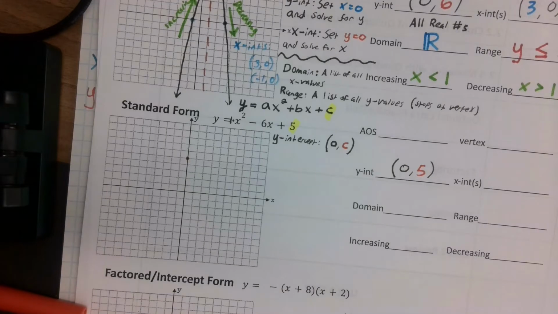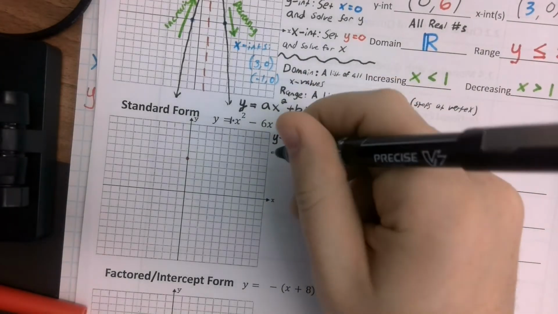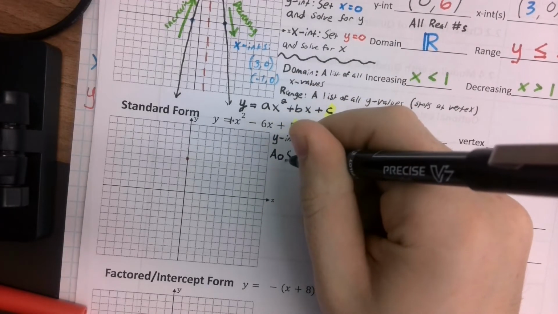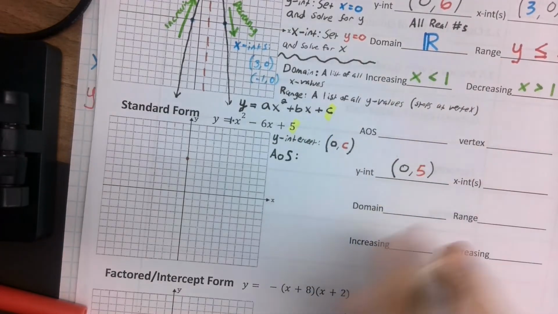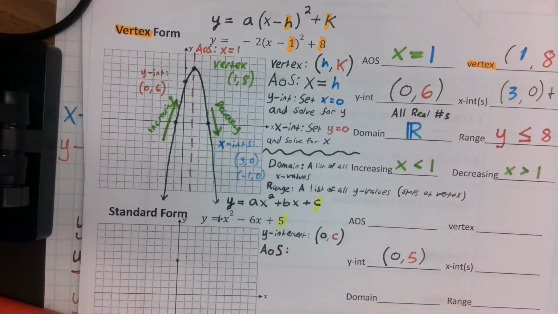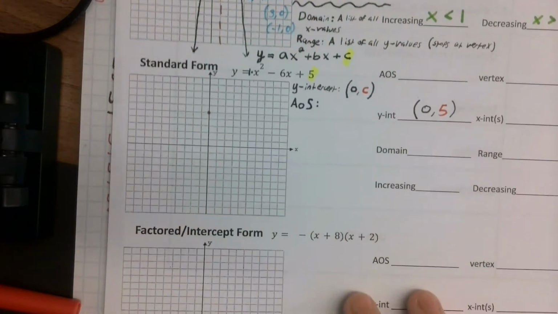Standard form is nice, but a lot of things are a little bit trickier to find in it. Specifically, the vertex and the axis of symmetry. Let's start with the AOS. Unfortunately, while things tend to make sense with the axis of symmetry in vertex form, it doesn't make so much sense in standard form.